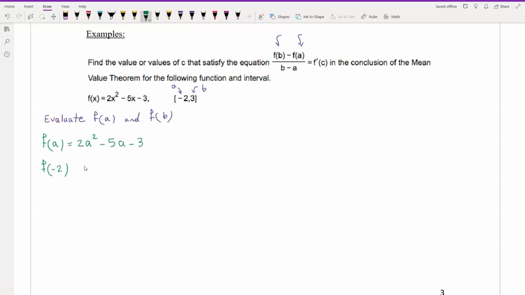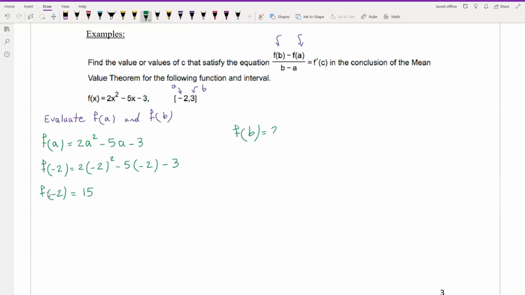So first I have f of a that is equal to 2a squared minus 5a minus 3, and a is -2, and that is equal to 2 times -2 squared minus 5 times -2 minus 3. So f of -2 is equal to 15. Now finding f of b.